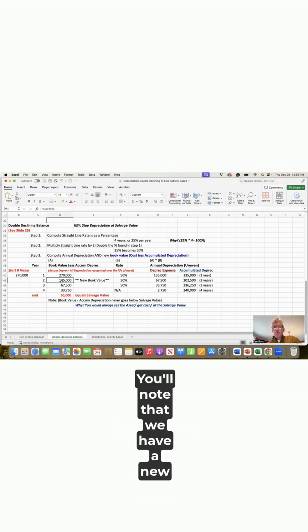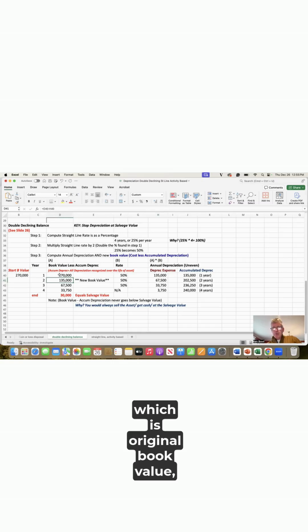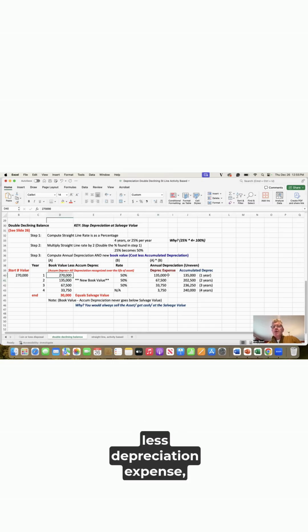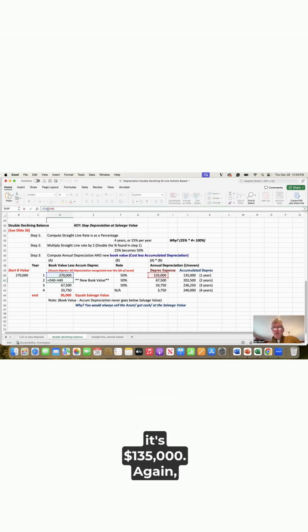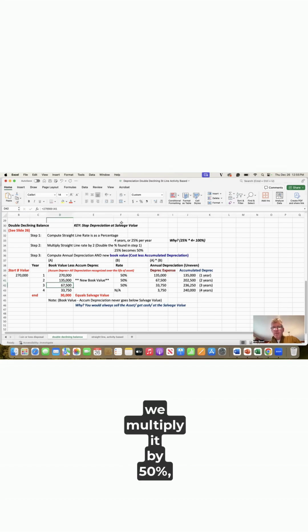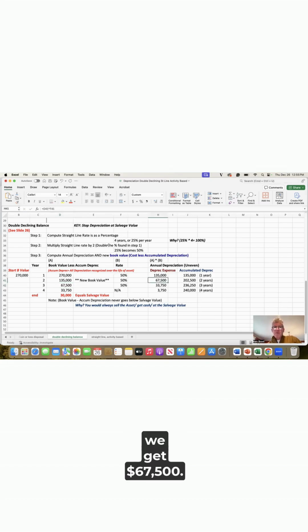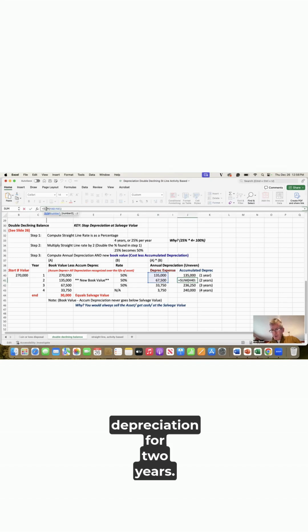You'll note that we have a new book value in year two, which is original book value less depreciation expense. It's 135,000. Again, we multiply it by 50%. We get 67,500. We get a new total accumulated depreciation for 2 years.